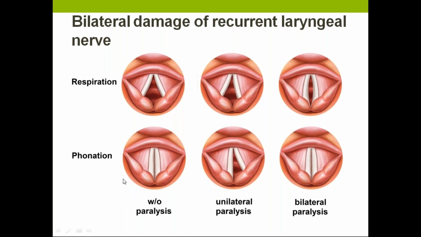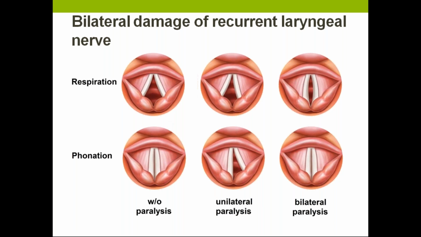For this, they will do a laryngotomy. Between the thyroid and cricoid cartilage, that is the cricothyroid membrane, they will open it, put a tube over that, and create an additional airway.